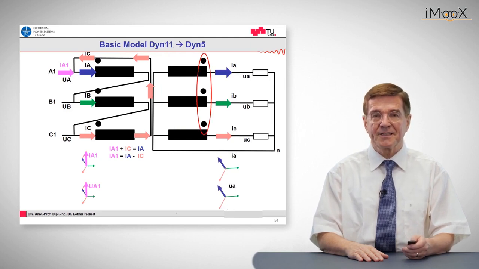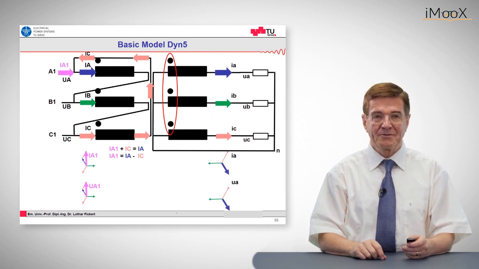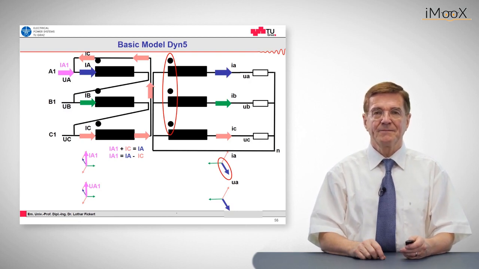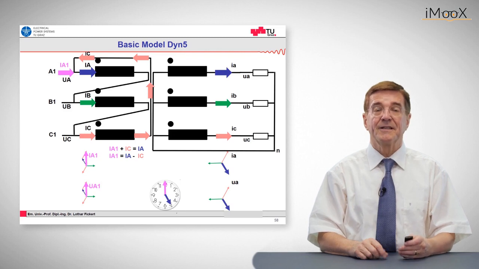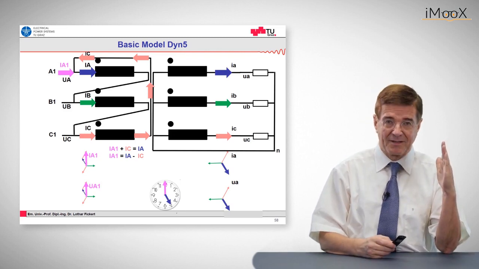The currents on the secondary side are turned by 180 degrees, and now we repeat the same procedure as before. We focus on current phase 1 as well as on voltage of phase 1, and we see that now these are turned into the again upright phases on the primary side.